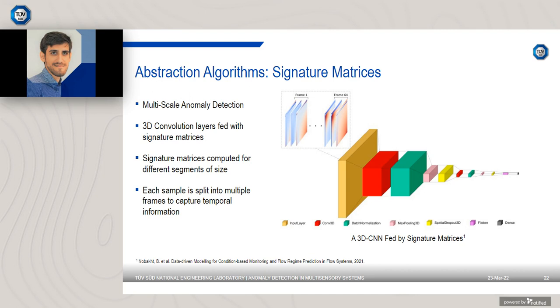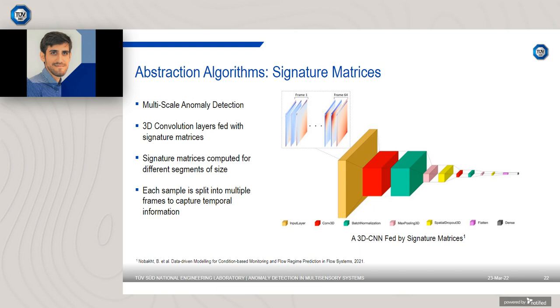Imagine you have a time window of size 16, a time window of size 32, and another one for longer term dependency, for instance 128, as the time window, and then extract signature matrices. So these 3 different segments are your channels in the 3D convolutional neural network.